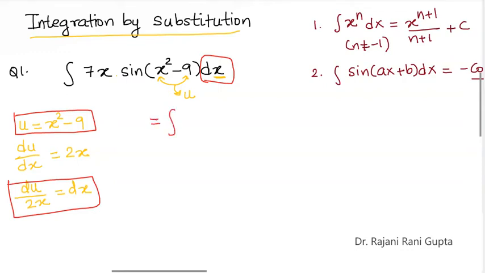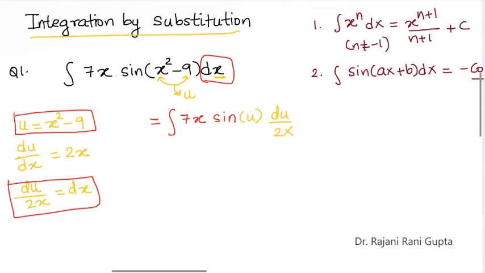So let's see what it is equal to. It is equal to 7x, we are not changing it, let it be the same. Sine stays sine. In place of x² − 9 we have the value u, and in place of dx we have du divided by 2x.